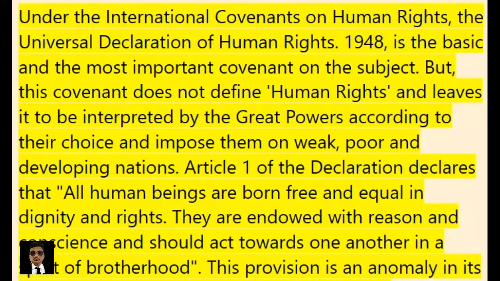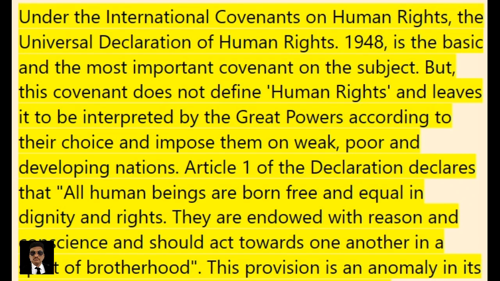Under the International Covenants on Human Rights, the Universal Declaration of Human Rights, 1948, is the basic and the most important covenant on the subject.